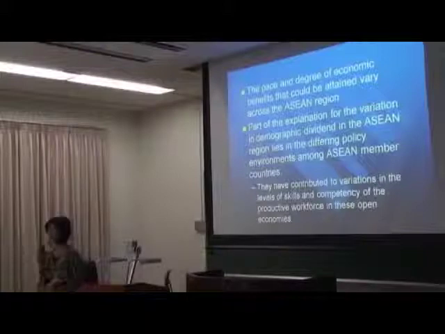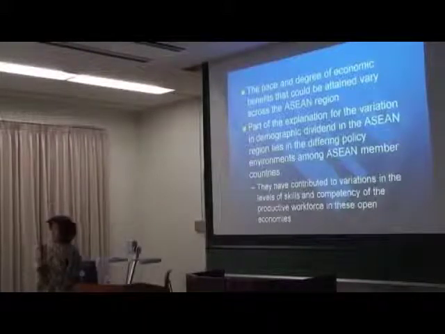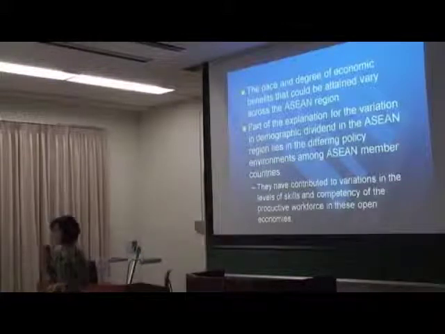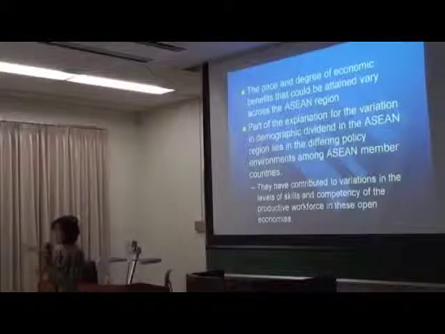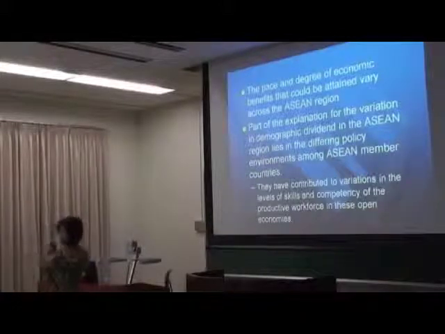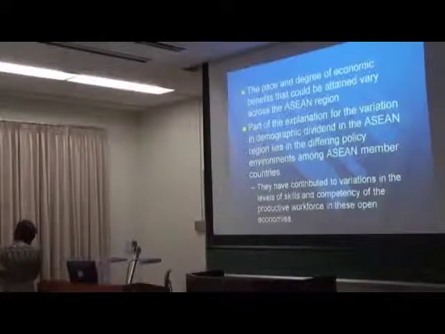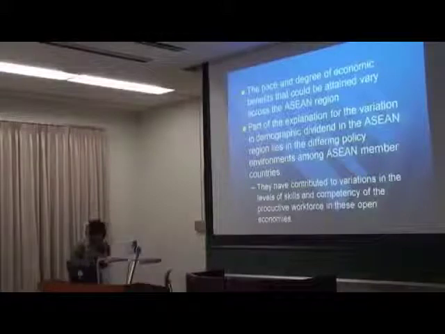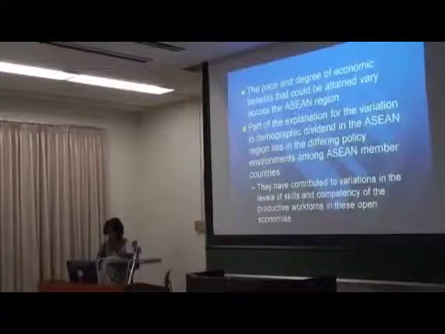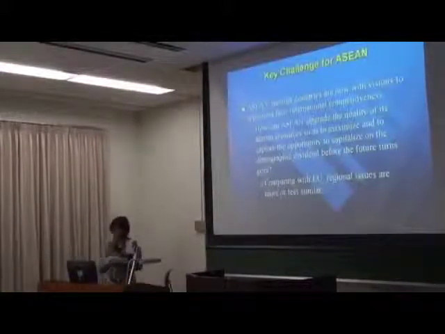So they don't really have a very good idea of cooperation. And they don't have a very good idea that if something happens here, it may affect one another. Okay.